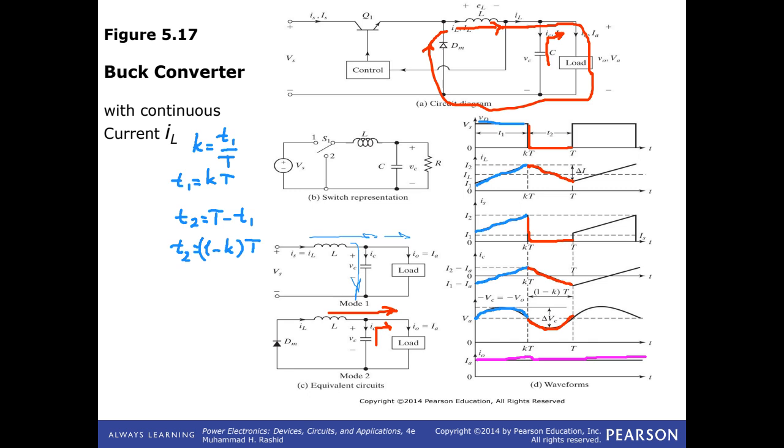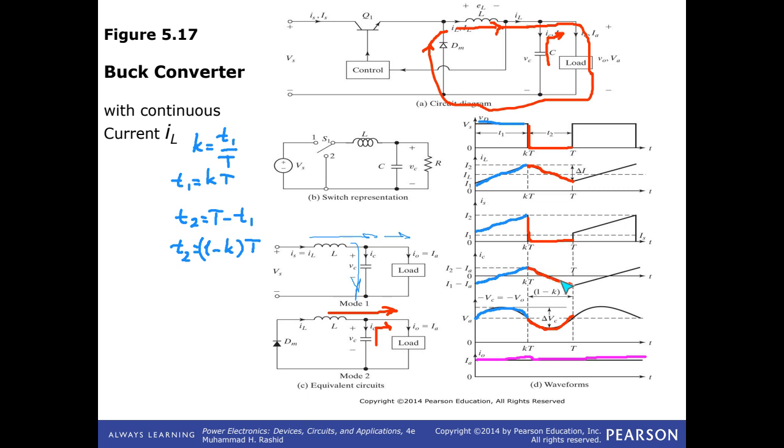However, the battery or output voltage fluctuates, and your supply system gives that blue current, and this is the capacitor current. When you put the switch off, then some of the current comes from the battery to the load, and some comes from the stored energy in the inductance. They share it.